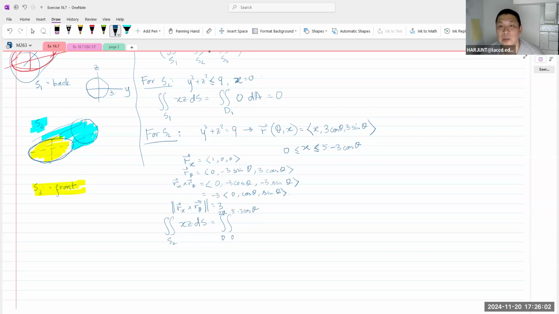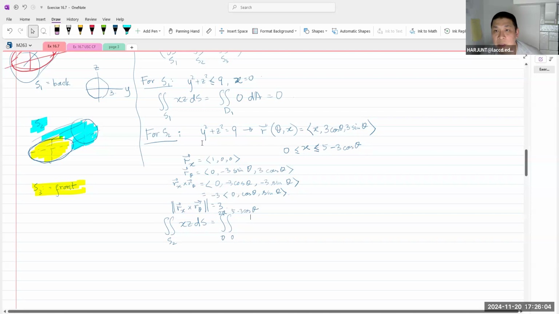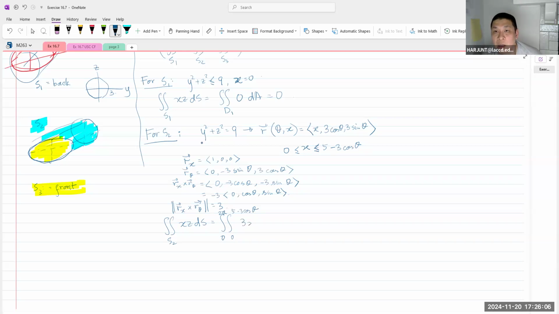Then x times z is x times 3 sine theta, times 3, dx d theta. That will be the integral from 0 to 2 pi of 9 over 2 sine theta x squared from 0 to 5 minus 3 cosine theta.